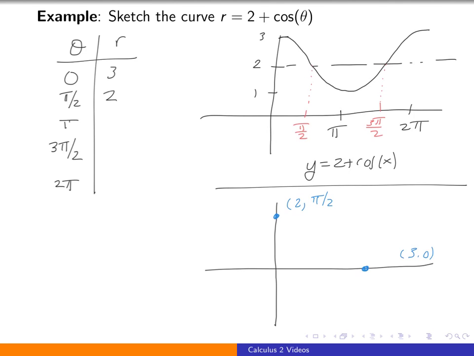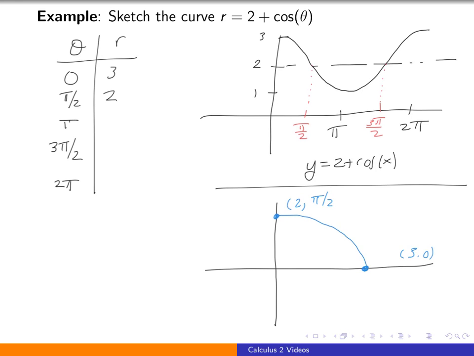And between 0 and pi over 2, that r value is changing from 3 to 2. So as we rotate around, that is, as we increase our theta value, we go from 3 to 2. Roughly speaking, in this first quadrant, it will look something like this.